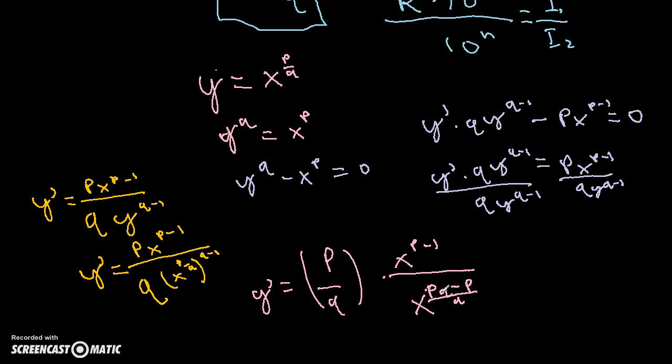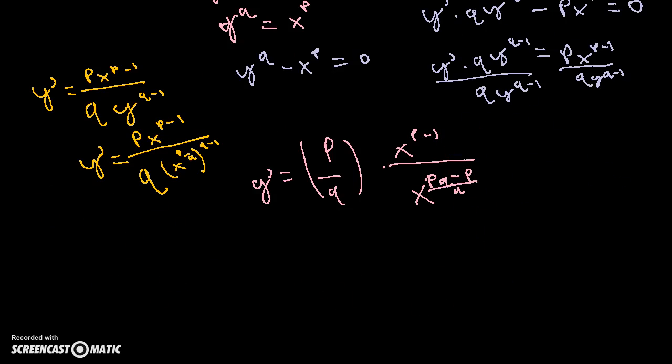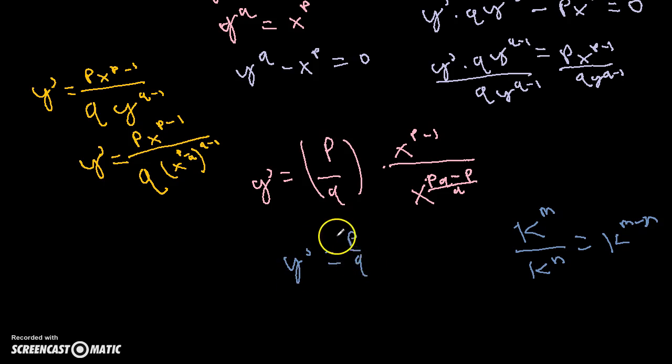Okay, so as you may remember from algebra, a number k to the m over k to the n is just equal to k to the m minus n. That should make sense. So now let's do that here. Now we have that y prime is equal to p over q times x to the a.